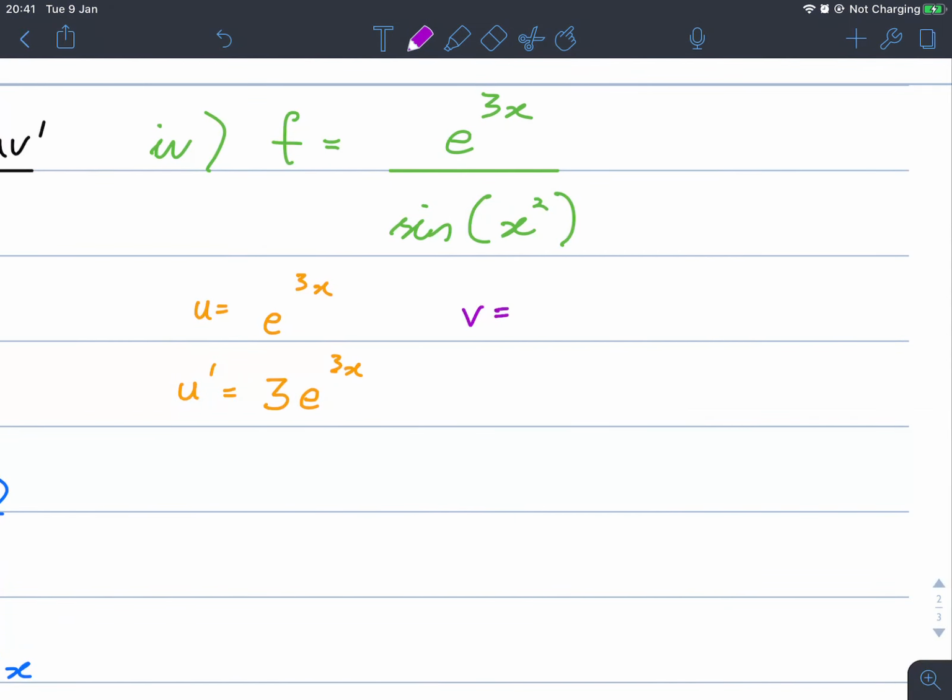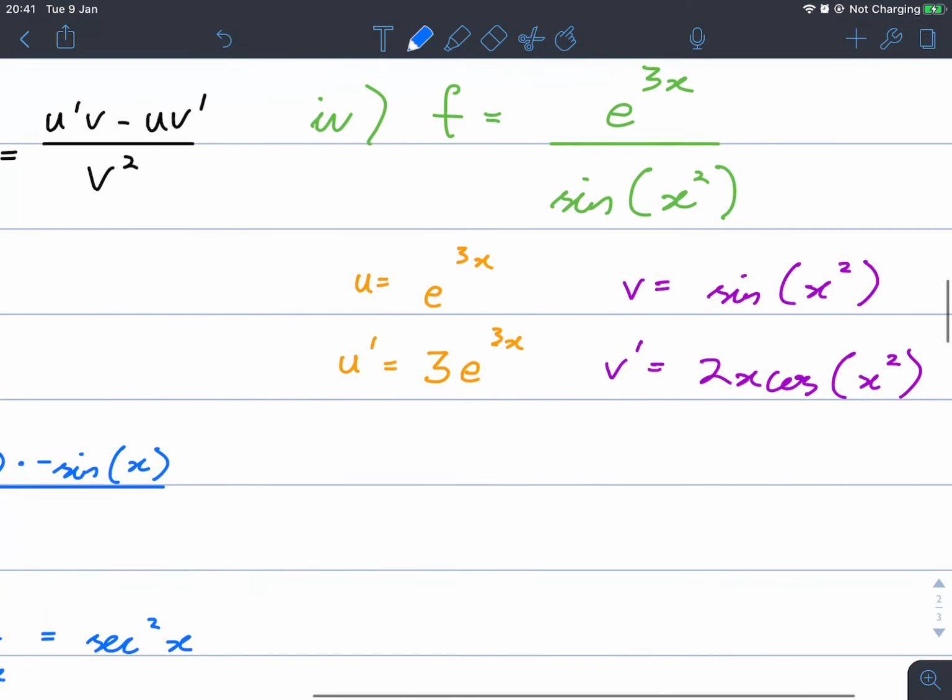V equals sine of x squared. V prime equals cosine of x squared times the derivative of the inside, which is 2x.